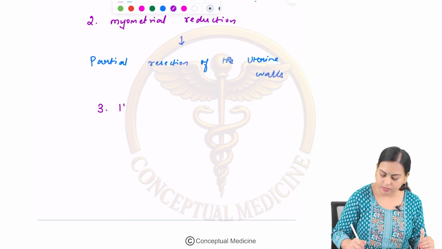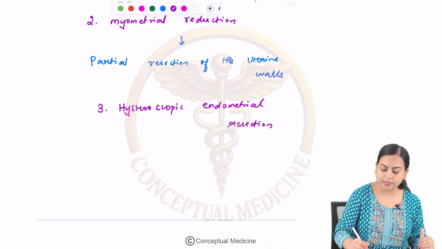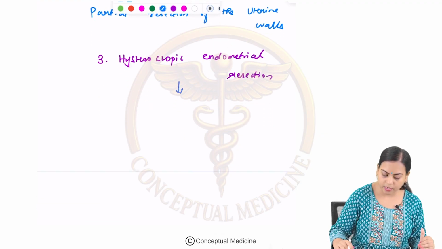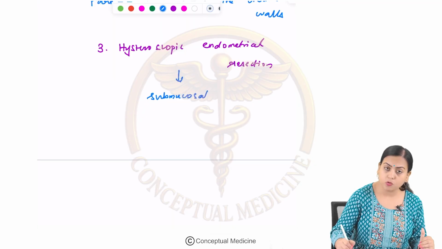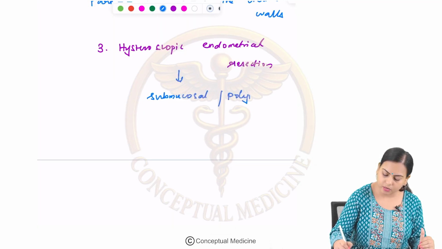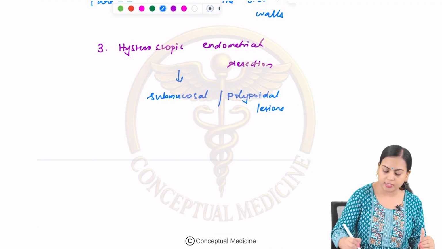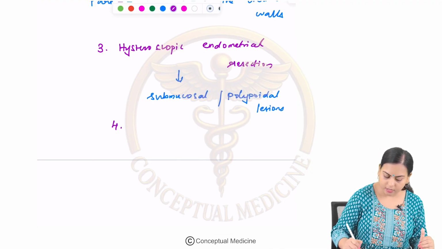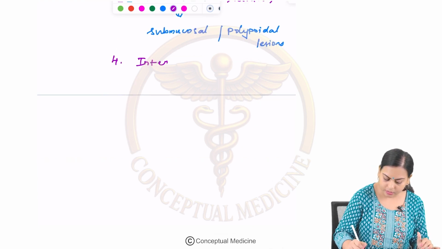And the next one is hysteroscopic endometrial resection, which is performed via a hysteroscope. This is possible for submucosal or polypoidal lesions.